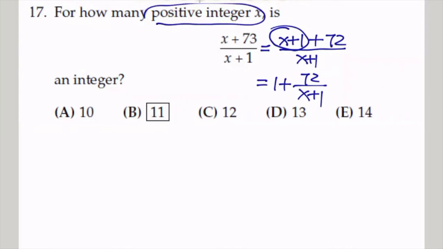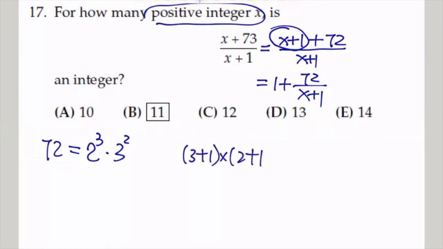If we look at 72, if we do prime factorization, it equals 2 to the power of 3 times 3 to the power of 2. We know that it has (3 plus 1) times (2 plus 1), which is 4 times 3, the number of factors, which is 12 factors, right?